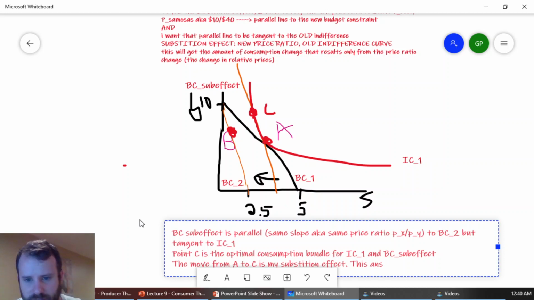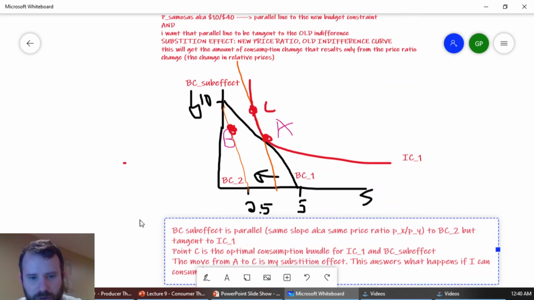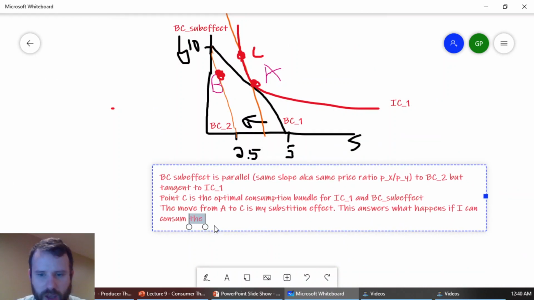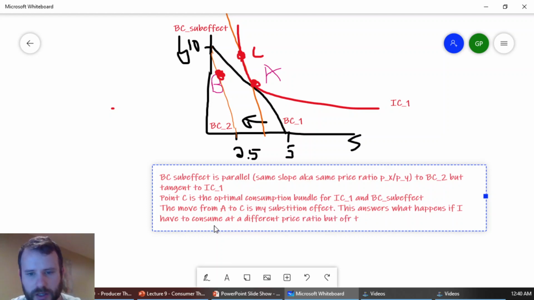This answers what happens if I have to consume at a different price ratio, but for the same indifference curve.